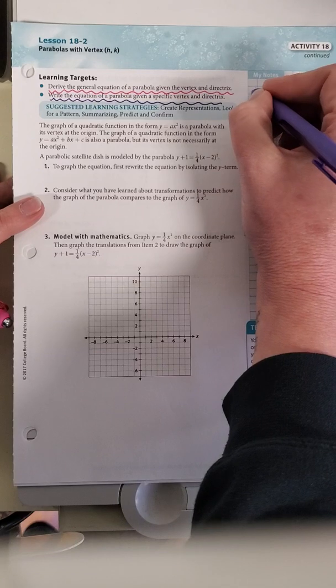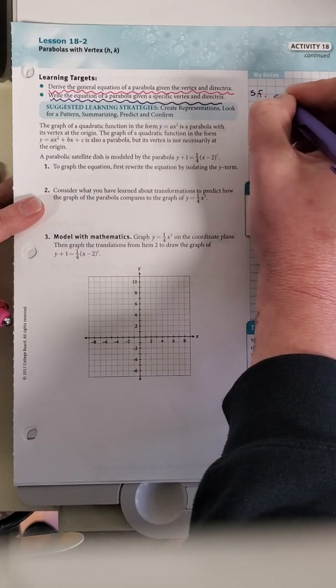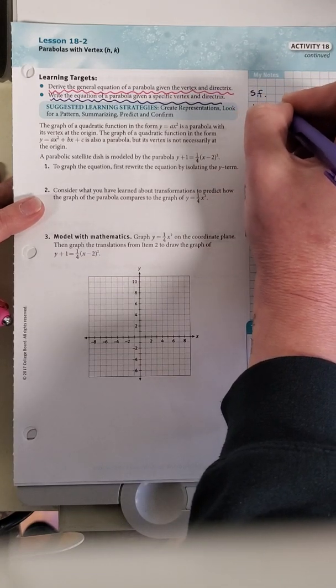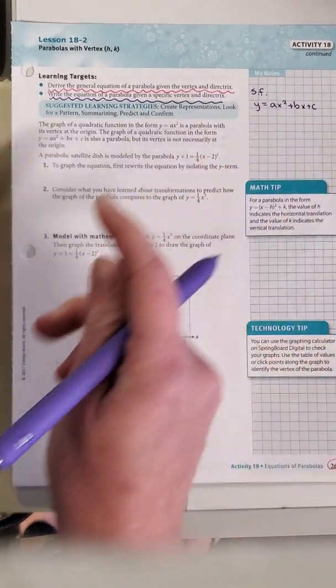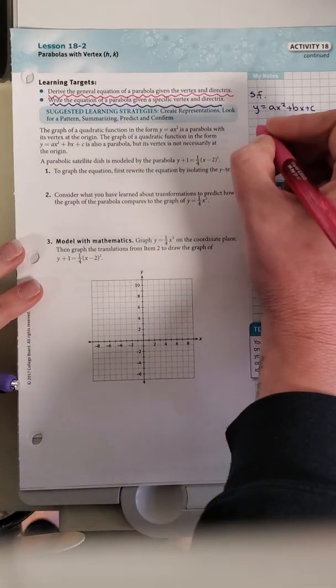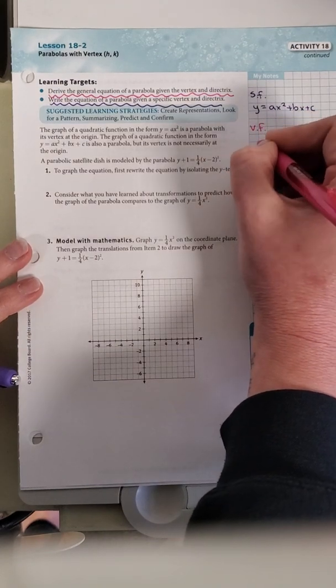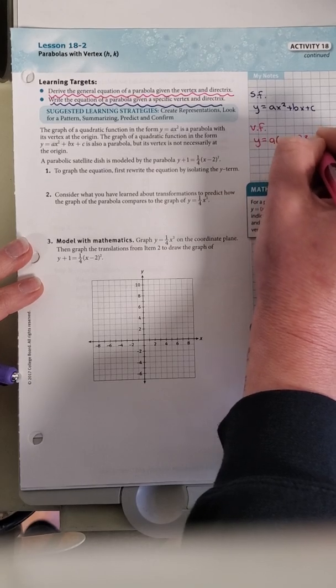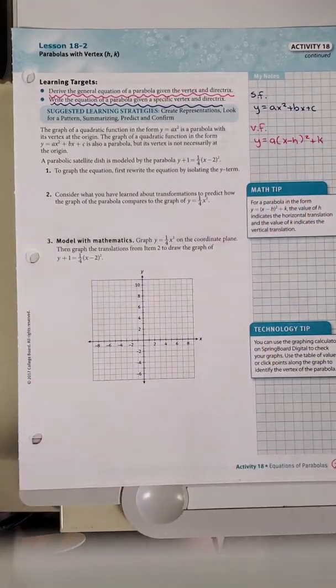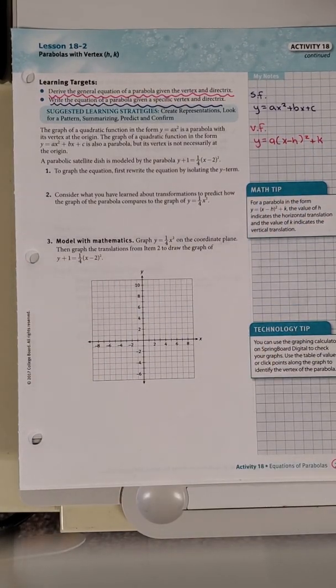So we know standard form is y equals ax squared plus bx plus c. We know vertex form is y equals a(x minus h) squared plus k. And let me grab one more color, guys. Give me just a second.